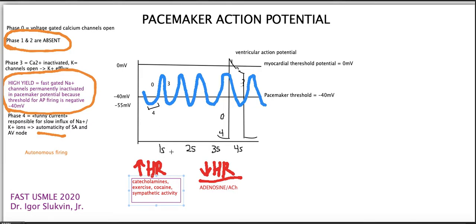Now, I'm talking about increase and decrease heart rate. So what determines your heart rate based on the graph is the slope of phase 4.